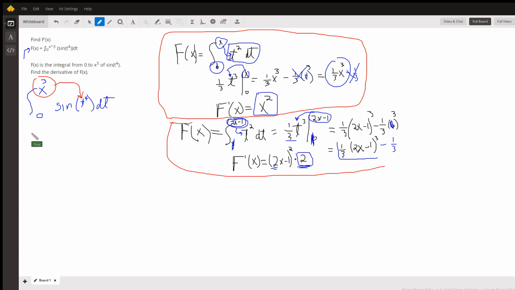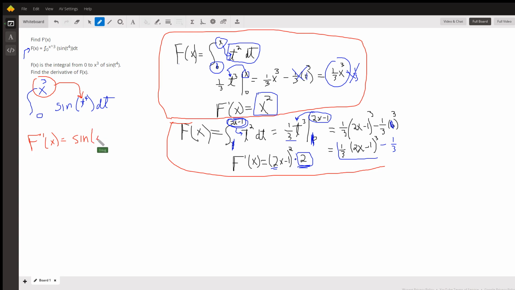So here's what the derivative, f prime, looks like. There's the original integrand. We're going to put x cubed in for the t.